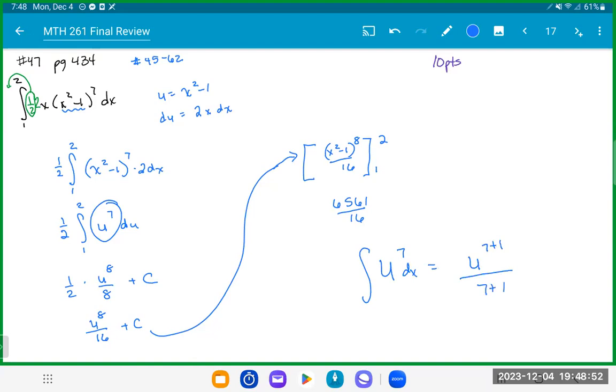Okay, and then you have to not forget to add that c out there. And then obviously you did a times 2, correct, to get the 16 on the bottom? Correct. Yes. Thank you.